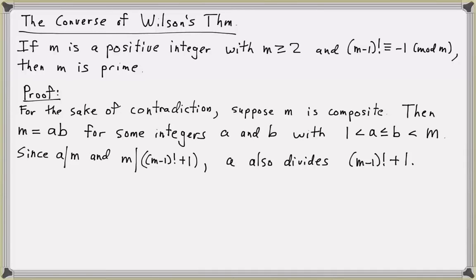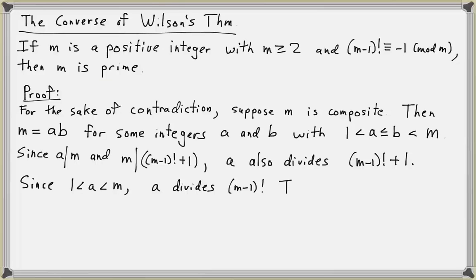But a is an integer between 1 and m, so therefore a will divide m minus 1 factorial. Okay, so since a is between 1 and m, and a is an integer, a also divides m minus 1 factorial. So the last two statements: if a divides m minus 1 factorial plus 1 and a divides m minus 1 factorial, then it will divide any linear combination of these two.